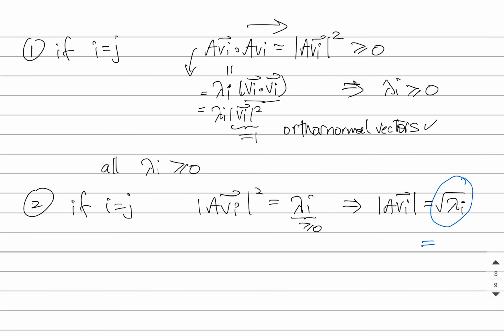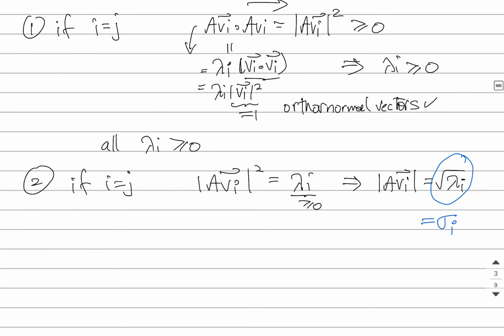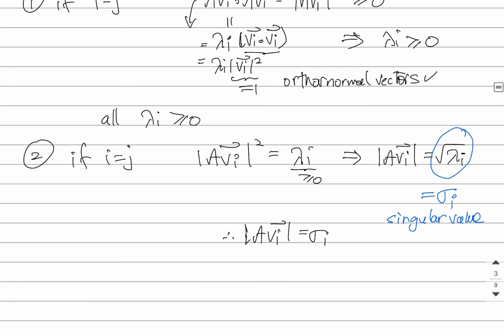We're going to call this thing sigma i, and this is going to be called a singular value. And that means that the length of this vector, AVi, is equal to this sigma i, a singular value. It's related to the eigenvalues of the square matrix, but just coming back to this, this is what we want.